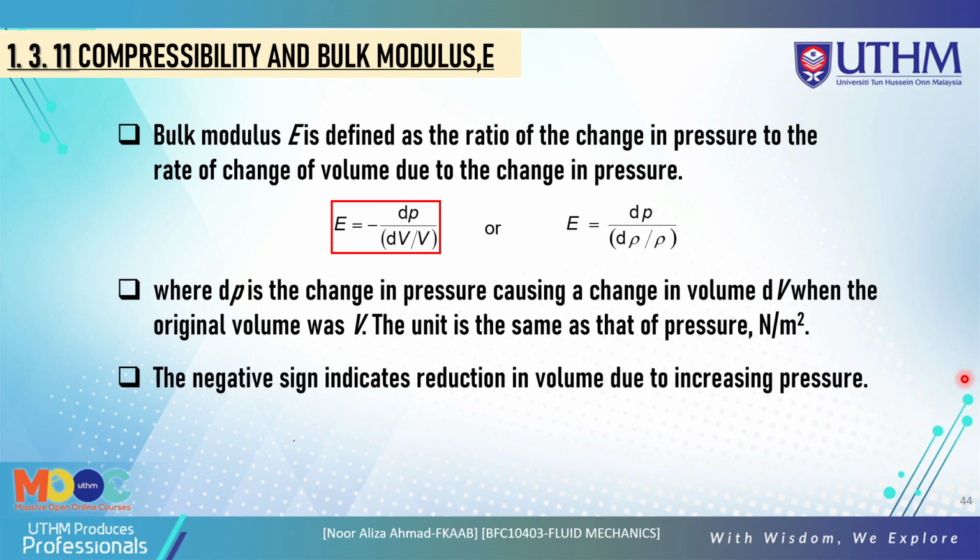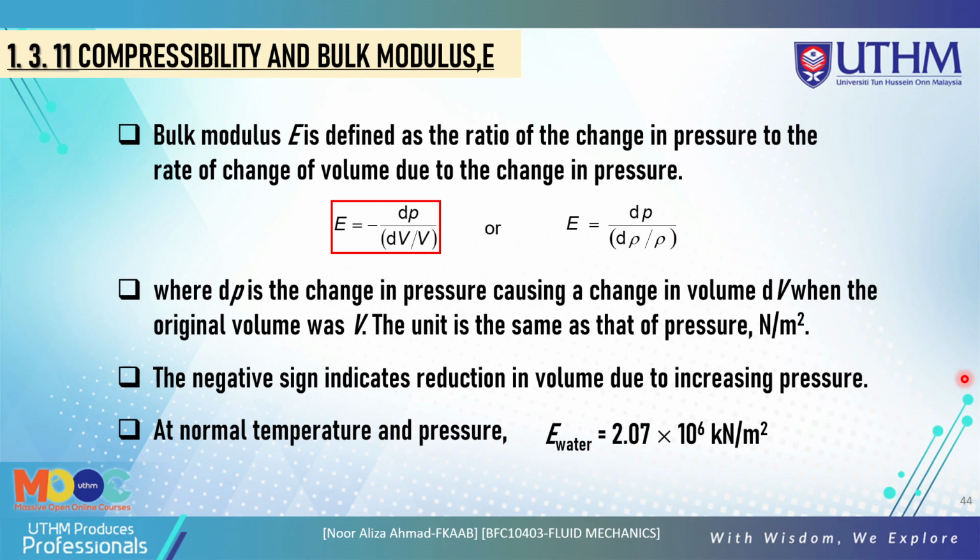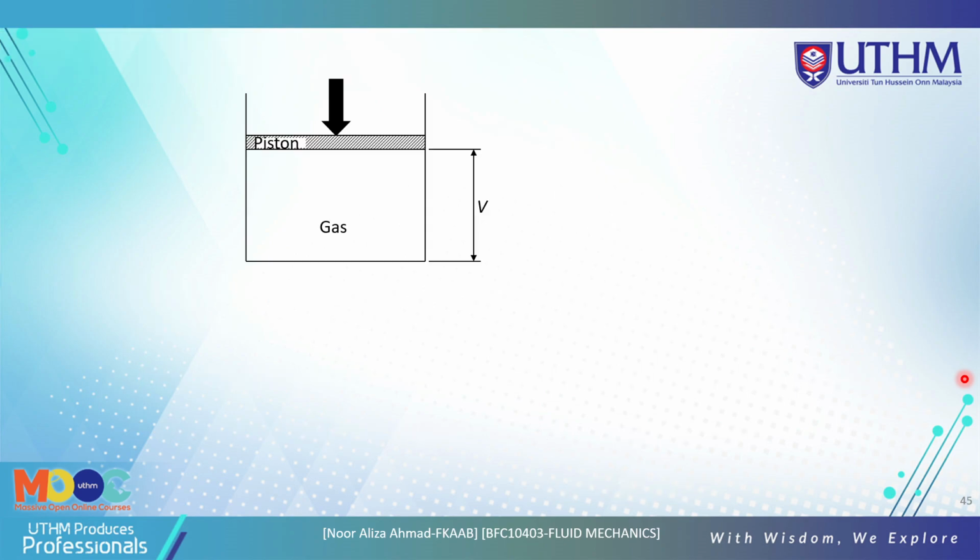The negative sign indicates a reduction in volume due to increasing pressure. At normal temperature and pressure, the bulk modulus of water is 2.07 times 10 to the power of 6 kilonewton per meter squared, and the bulk modulus of air is 101.3 kilonewton per meter squared.